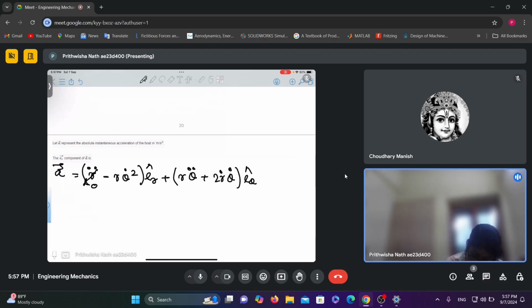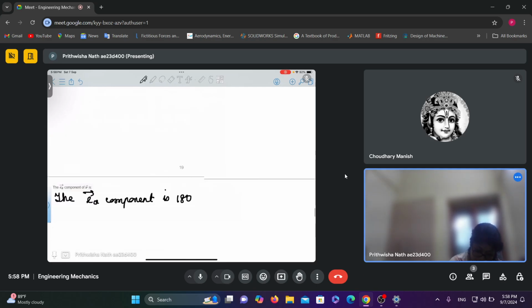Now R is given as 600 and theta dot is 0.3, right? What is theta double dot?